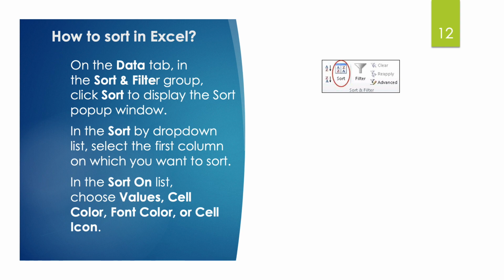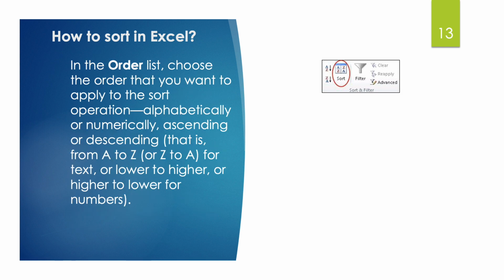In the Sort on list, choose values, cell color, font color, or cell icon. In the Order list, choose the order that you want to apply to the sort operation. It can be alphabetical or numerical, ascending or descending, depending on what you actually want to do.